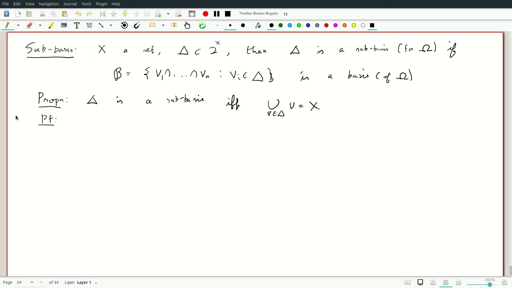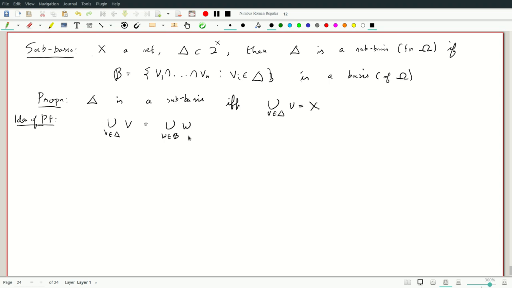But still, let me just say the idea of proof. It's really quite simple. First of all, being a basis means the union should be all of X. And indeed, it's very easy to see that the union of V in delta is actually the same thing as the union of W in B. Namely, single sets are already in finite intersections, so if everything is in delta, then it's in B. And the other inclusion is because each of these intersections is contained in V1, for example.